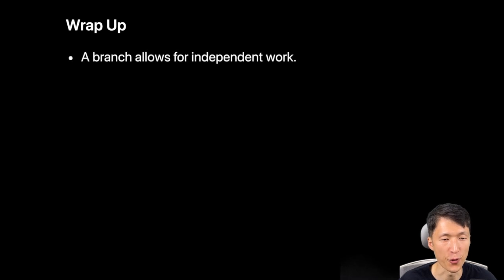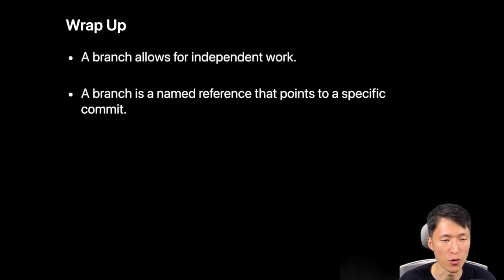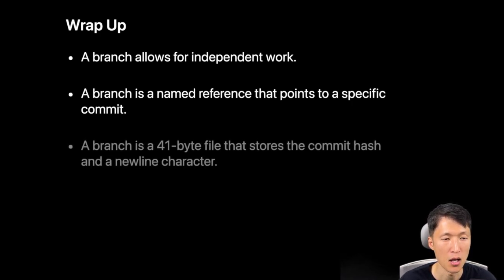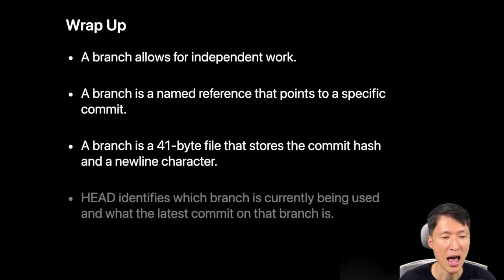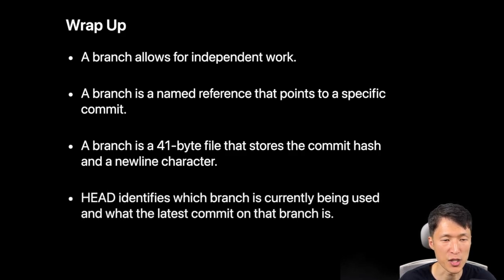Let's summarize what we have learned in this lecture. A branch allows for independent work. A branch is a named reference that points to a specific commit. A branch is a 41-byte file that stores the commit hash and a newline character. HEAD identifies which branch is currently being used and what the latest commit on that branch is.